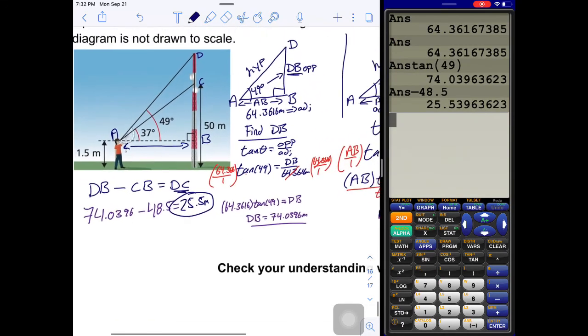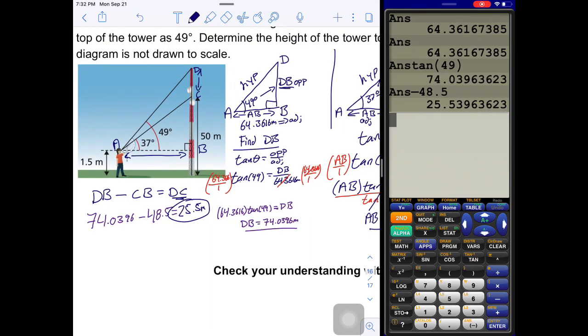Okay, so I'm not quite done. I have found D to C now. Now to figure out the total height of this, I simply have to take D to C and add it to this 50 meters. So height equals 50 meters plus 25.5 meters.